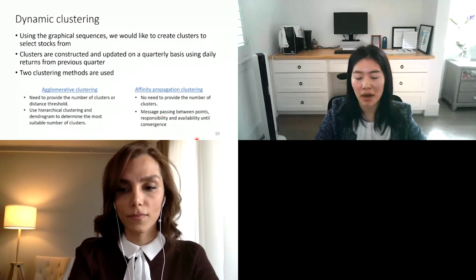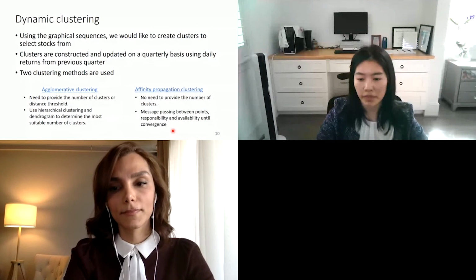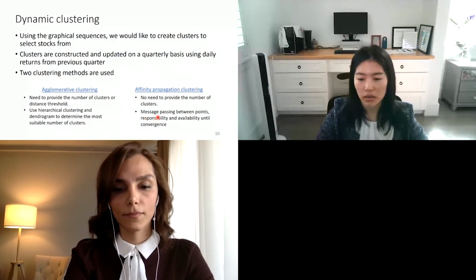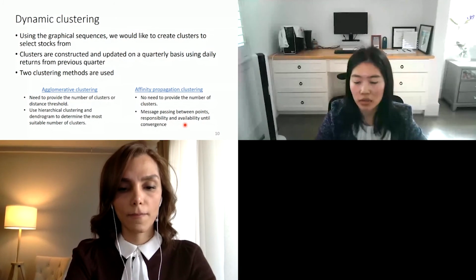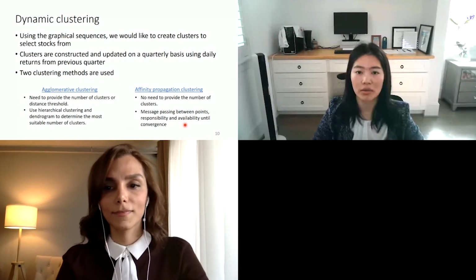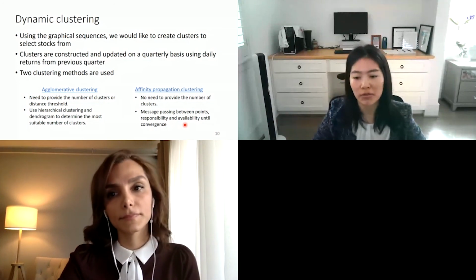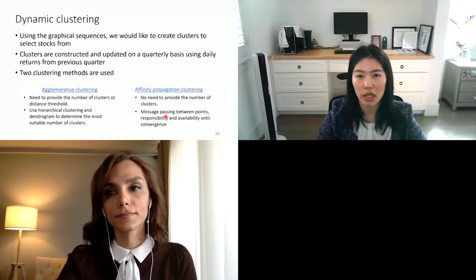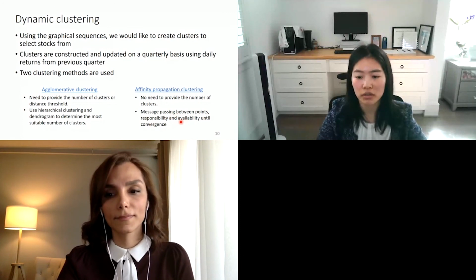So if you think about each of the stocks, and you can think of I and K, we're trying to get representatives among the data points for each stock. So we want to see what's the best set of representatives among the data points that we have. And then it does an iterative message passing between the points.